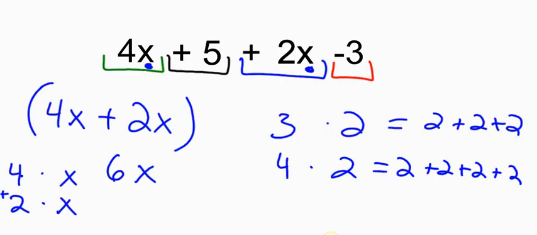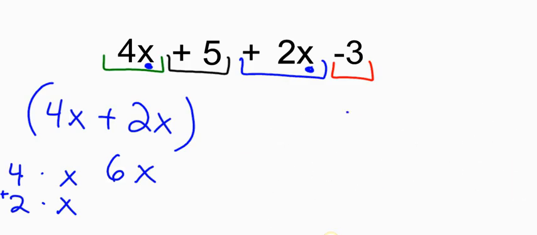Now, if I count this up, 1, 2, 3, 4, 5, 6, 7, wouldn't it just be the same to say 7 times 2? If I were adding these two together, it would. And so in the end, I add these two numbers together, and this stays the same. And so this helps us understand why we can take a 4x and a 2x and add them together. Because it's really just repeated addition of these x's.